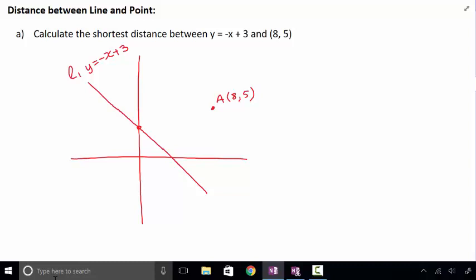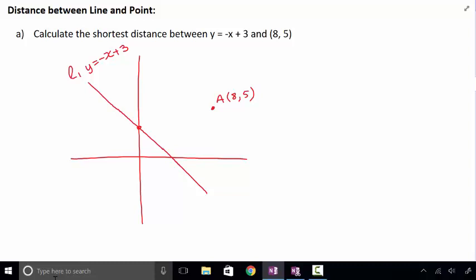Now, if you think about the shortest distance, I mean, take a ruler or something, and you think about, okay, how can I connect that dot to this line so the length is the shortest? Well, if I connect it over here, that seems pretty long, but look what happens.